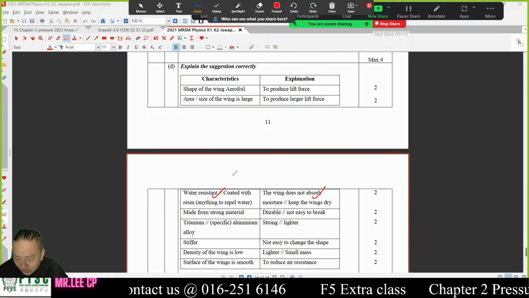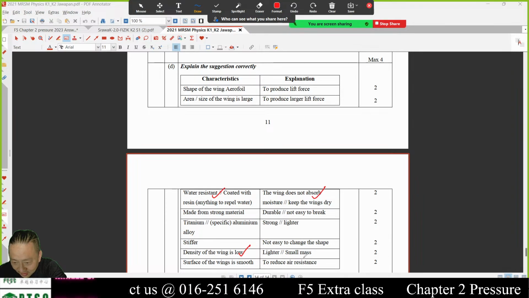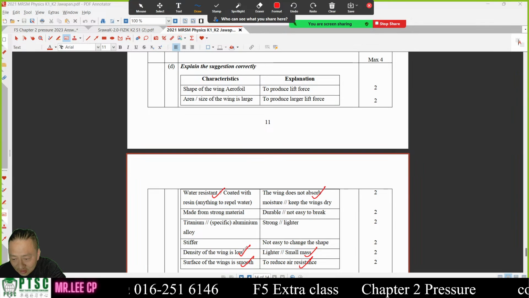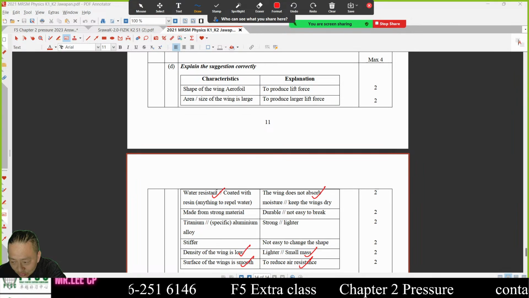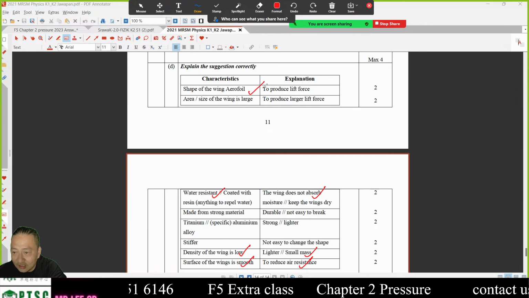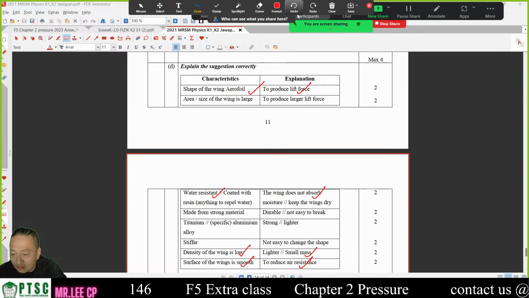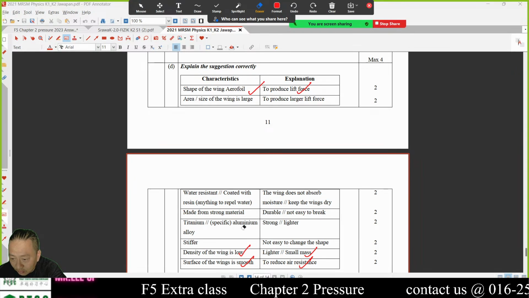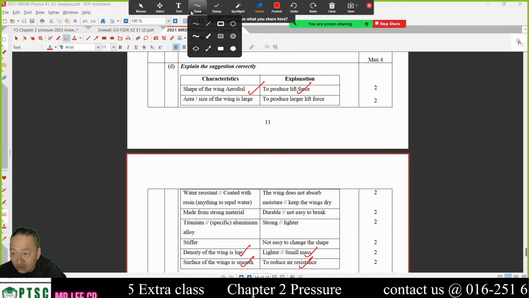Low density. Smooth, okay. Reduce the air resistance. You see, I got how many? 1, 2, 3, 4, 5, 6 only. 7, 8. 8, no. Made from strong material, I don't have it. So you see how many marks do I get?